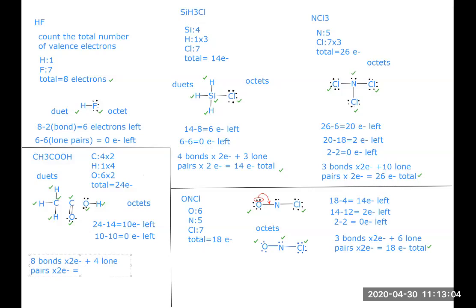And that's, so 2 times 8 is 16 plus 8 is 24. That's 24, and that's what we needed. Okay, so that's correct. So we have the correct number of valence electrons in the structure. And that's acetic acid. It has a double bond.